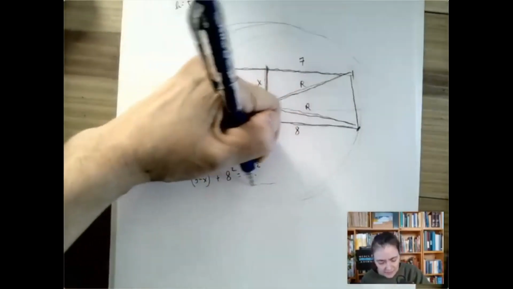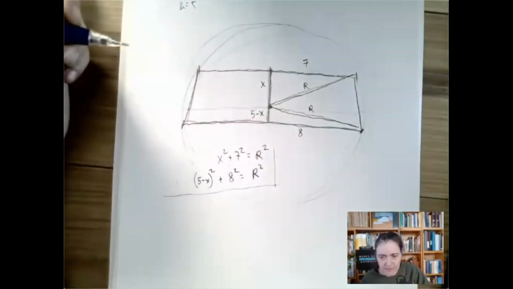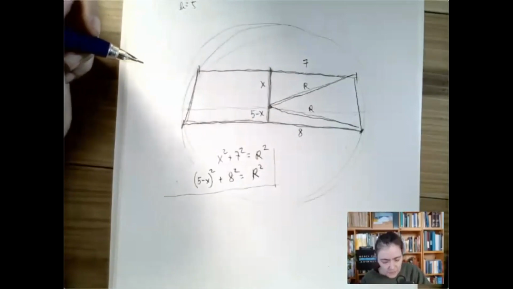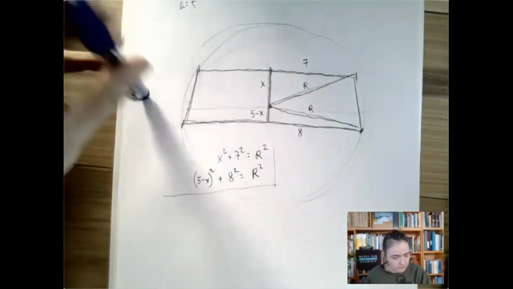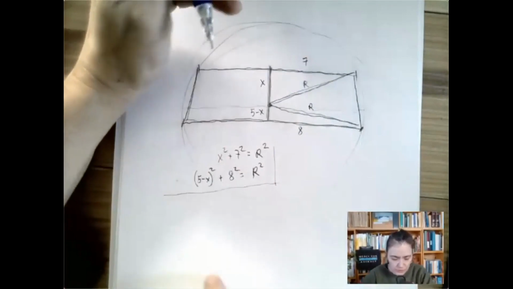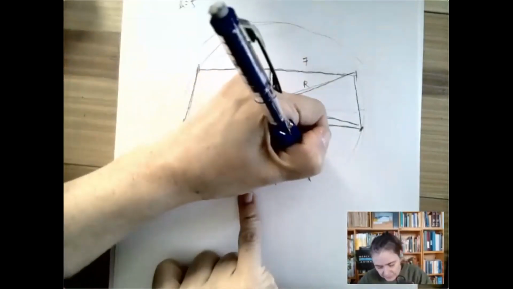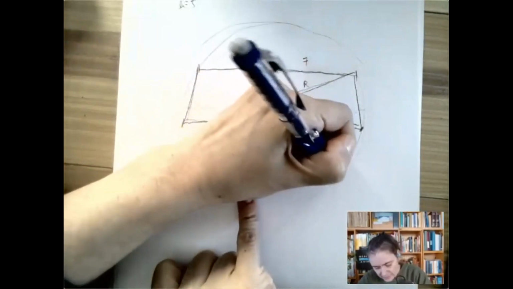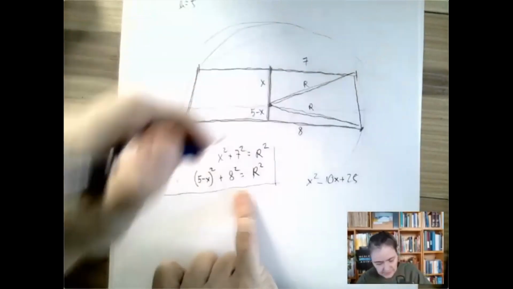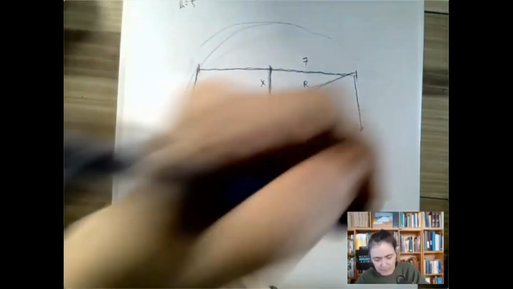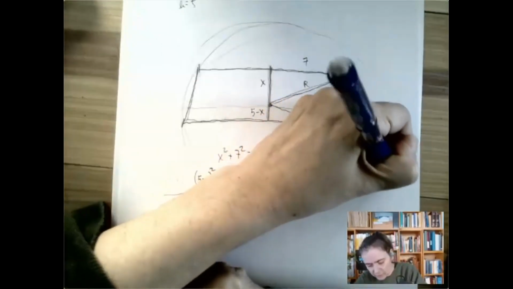I just think algebraically that's the easy way out. So let me be a little bit careful. Subtraction is dangerous. So let me expand the second line. x squared minus 10x plus 25, plus 64, equals r squared.